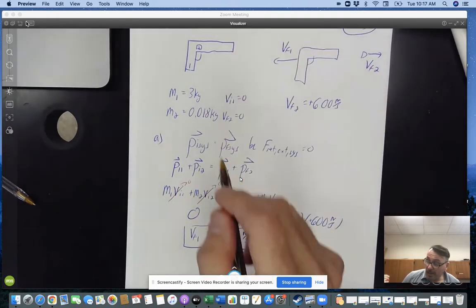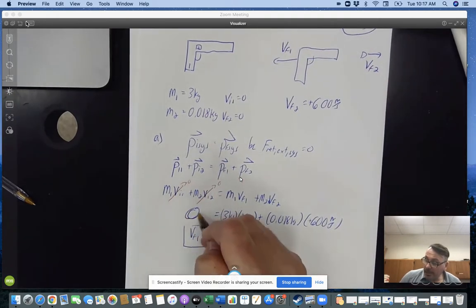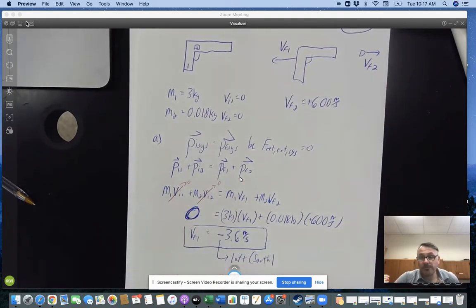Initially, the initial momentum of the system is 0, which means that the final momentum of the system is 0. Has to be. So here's the interesting thing with momentum being a vector: even though each object finally has momentum, the vector sum of the system has to be equal to 0.